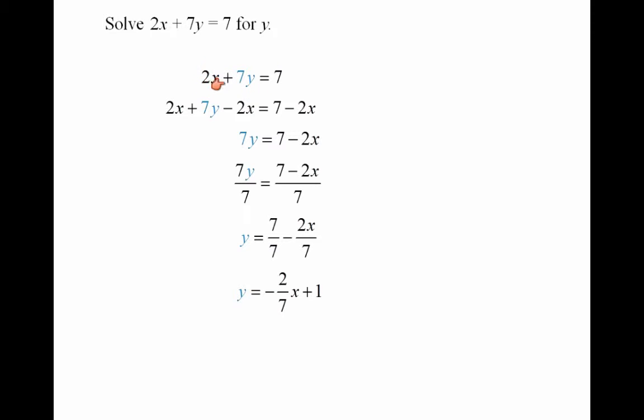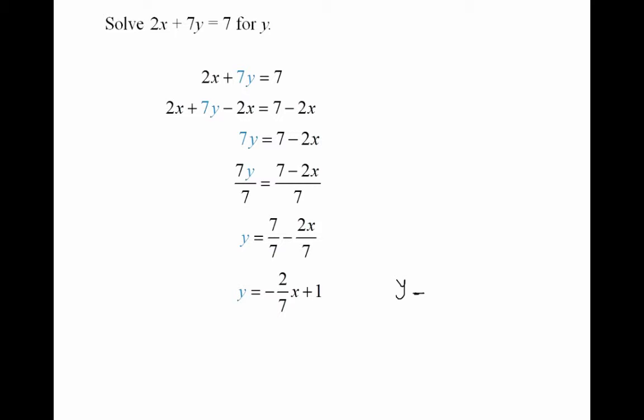To do that, we need to subtract 2x from both sides of the equation, and then divide each term by 7. That's the coefficient of y. So y would be equal to 7 minus 2x over 7. If I separate these, I get 7 over 7 minus 2x over 7. So y is equal to minus 2 over 7 x plus 1.